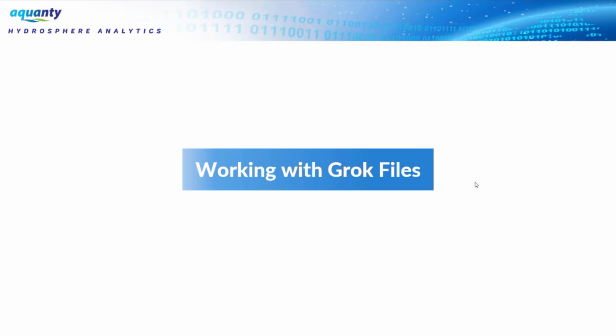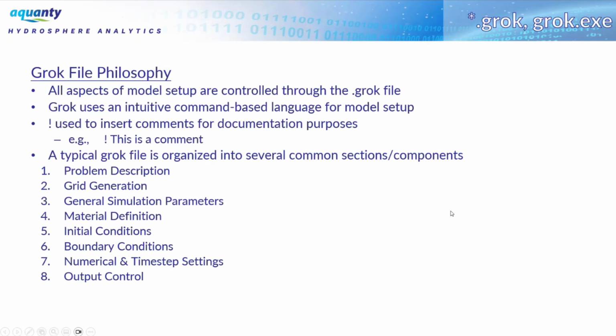So, yeah, the rest of the session today is really going to be a deep dive into the structure and approach to defining an HGS model within the grok file. The idea with a grok file is that basically all aspects of the model setup will be controlled through this file. It's based on an intuitive command-based language for model setup. It does have some similarities to coding or scripting in the sense that it is, frankly, a command-based language, but we try to make it as intuitive as possible.